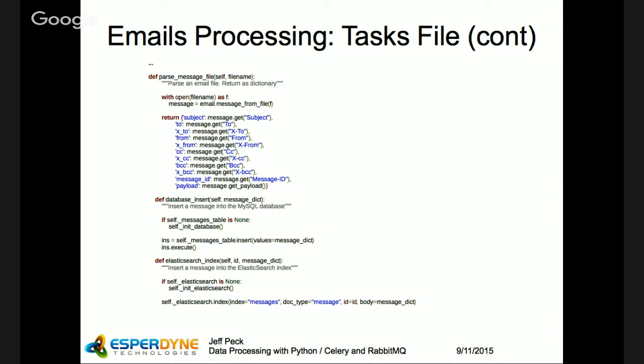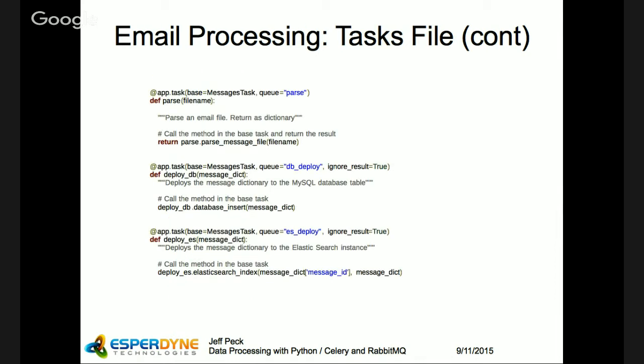Now, how we will actually access these methods is in the next slide. This is the last part of the tasks file. We have these 3 functions, and they're exposed with the decorator app.task. It says that it uses the messages task that we just showed you as the base task, and it's part of the parse queue. And then all it does is this one thing: it just calls the parse message method from the base task.